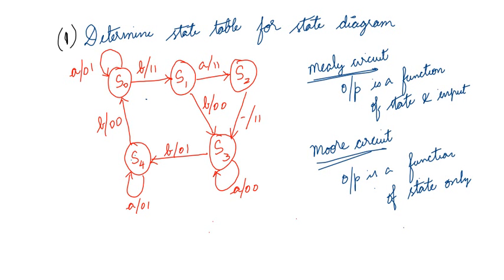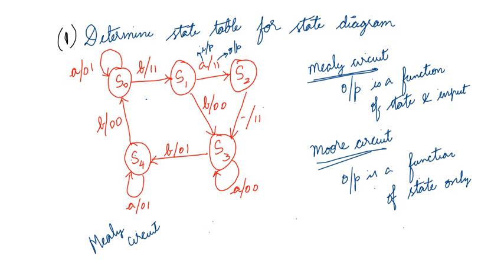We can clearly see this is a Mealy circuit because when going from state S1 to S2 with input A, the output is 1 1. So output is a function of both the state as well as the input. Before the slash we have the input, after the slash we have the output. So the given circuit is a Mealy circuit.